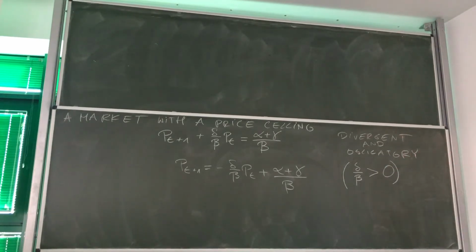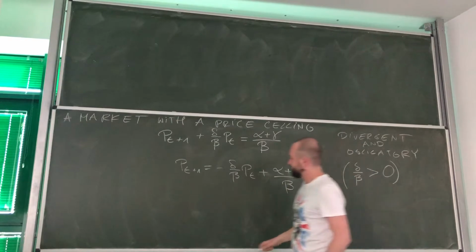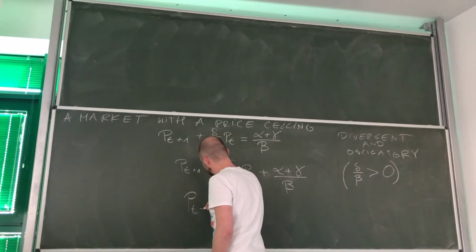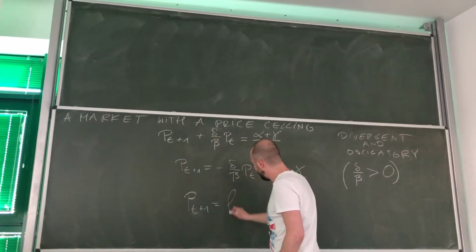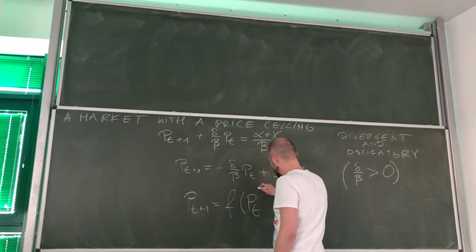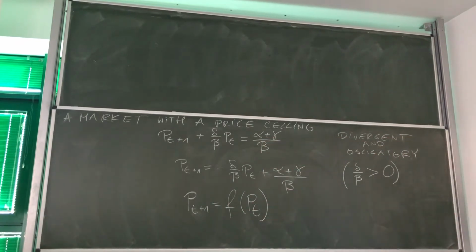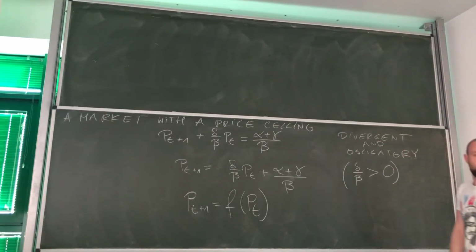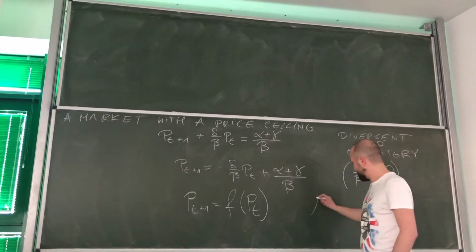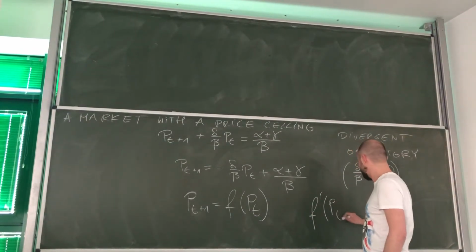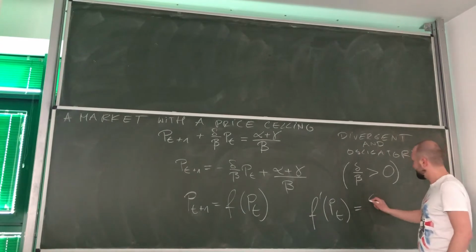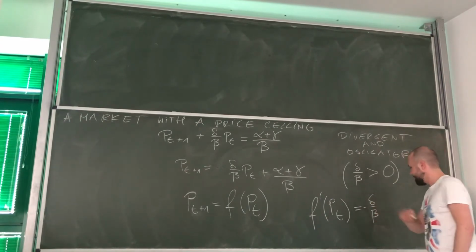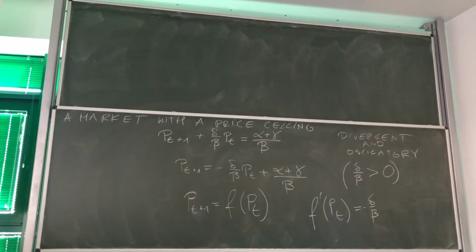Let's notice here a very simple thing, right? This function we've got over here is our function that we use with phase diagram. But look, of course, if I calculate the derivative of this function with respect to price t, I'm going to get that f prime of pt is equal to negative delta over beta.